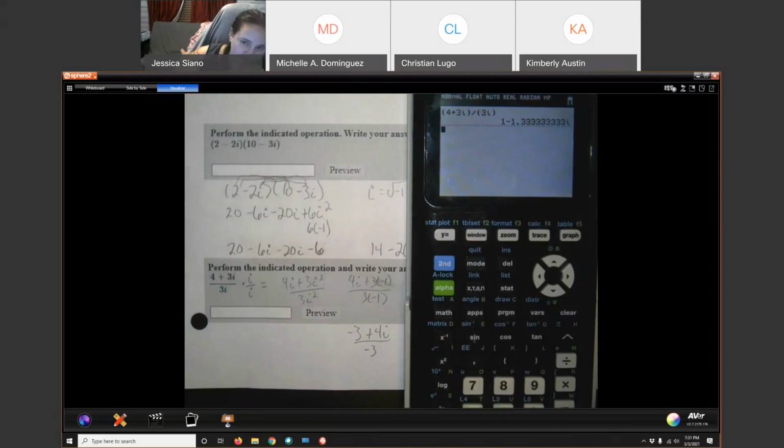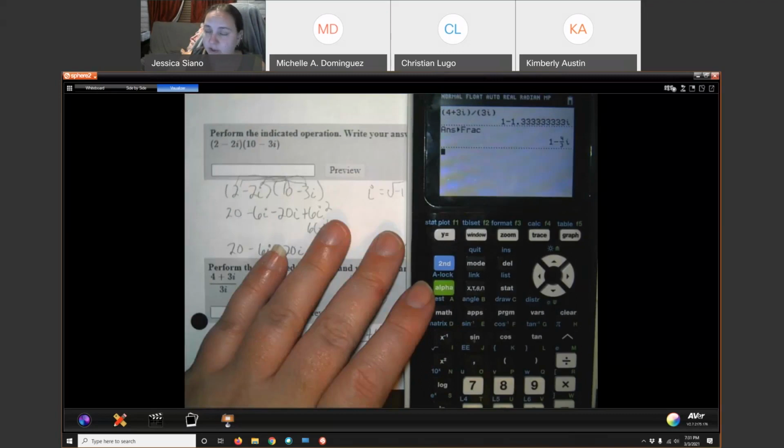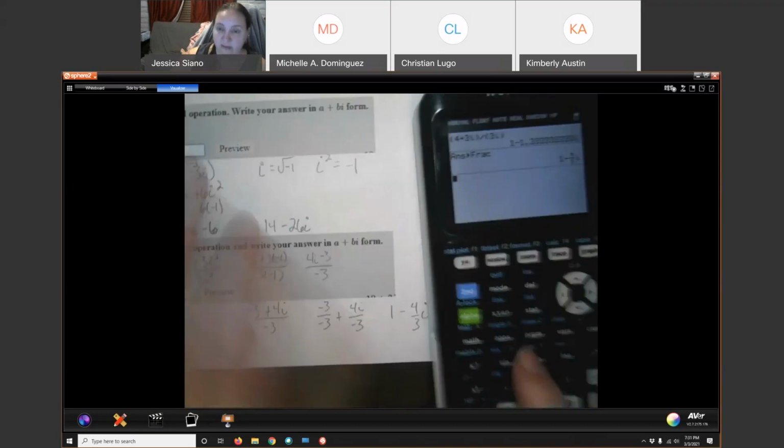And I know that I've showed you this trick before, but I just want to let you know that it does work with i's. So if you press math, enter, your calculator will turn a complex number into a fraction. So there's your final a plus bi form.